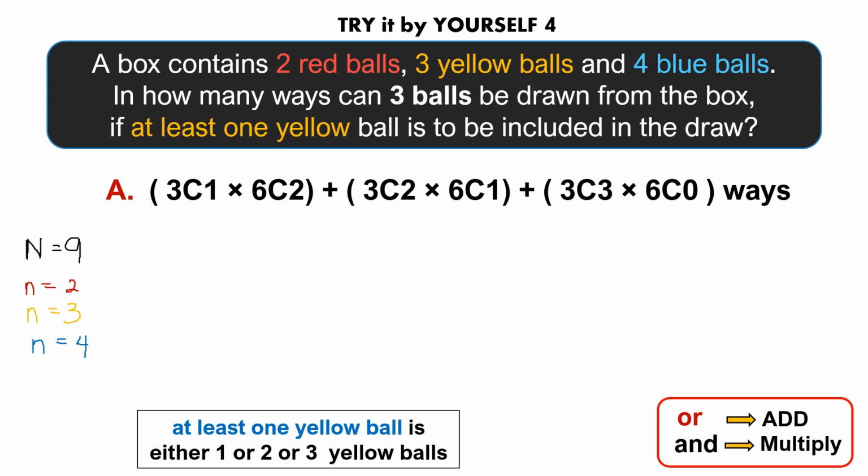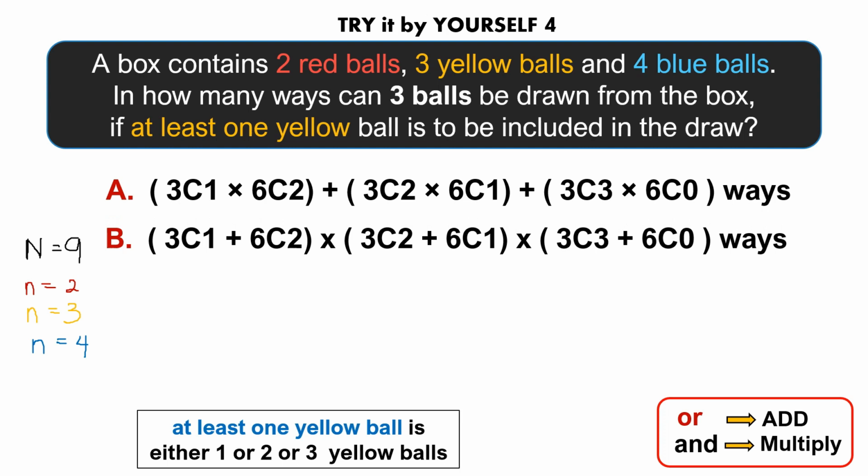Letter B, quantity 3 choose 1 plus 6 choose 2 times quantity 3 choose 2 plus 6 choose 1 times quantity 3 choose 3 plus 6 choose 0 ways.